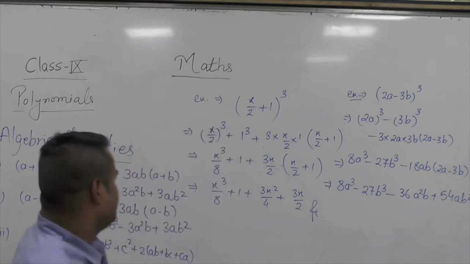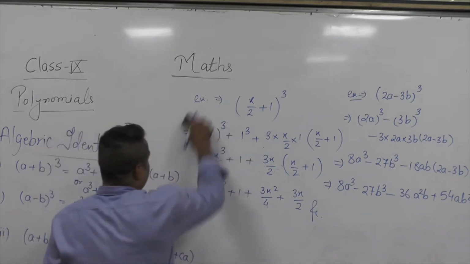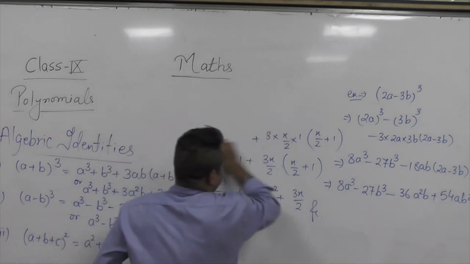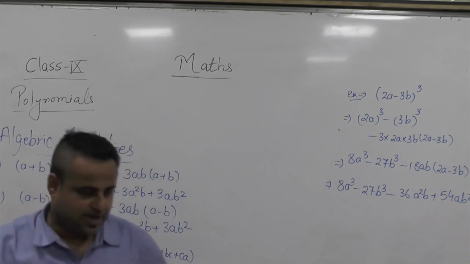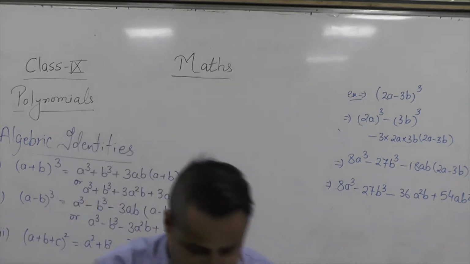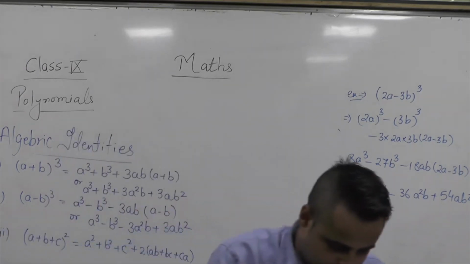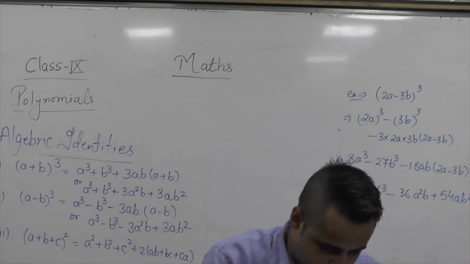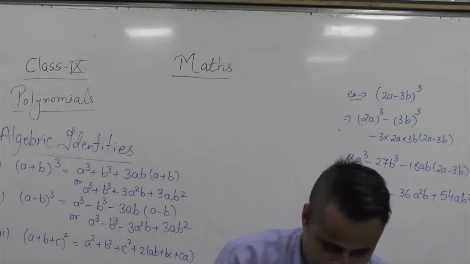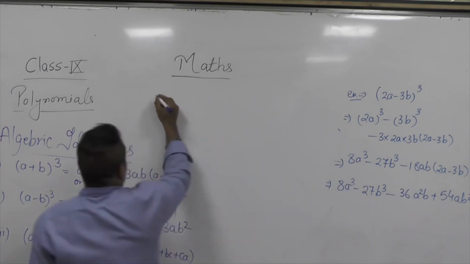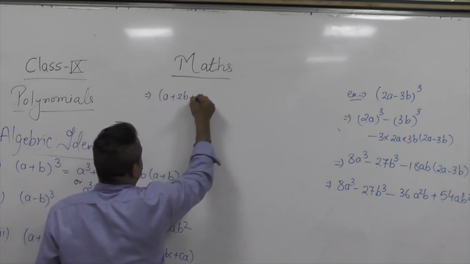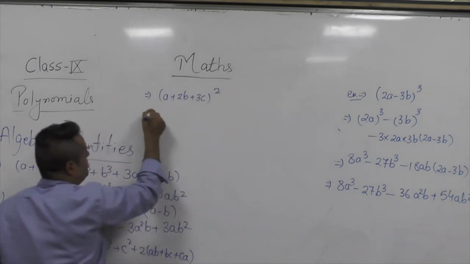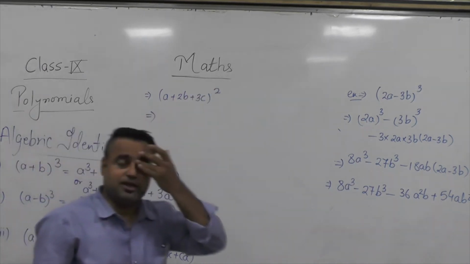Now the a plus b plus c whole square identity I am applying. See how to apply that identity. I am taking here a plus 2b plus 3c whole square, an example by myself.